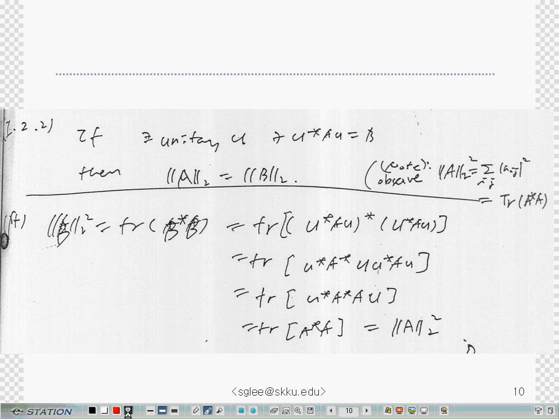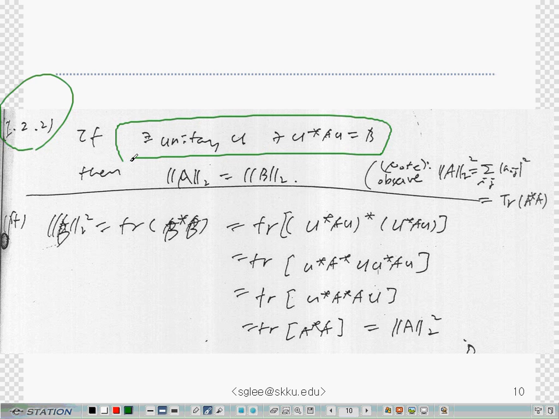This is a theorem concerning that definition. Suppose there exists a unitary matrix U such that U star A U is equal to B, then the 2 norm of the matrix A is the same as the 2 norm of the matrix B. We can observe the 2 norm that we defined: the summation of the squares of every entry in that matrix.